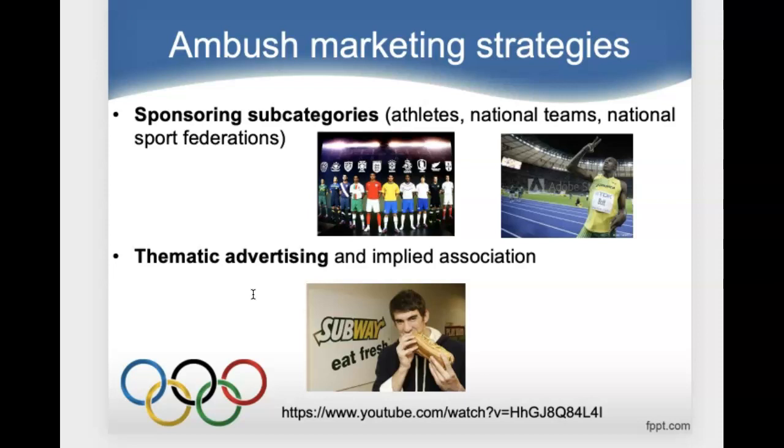How could Nike and Reebok associate themselves with the FIFA World Cup? They don't sponsor the event itself, but they sponsor particular teams, right? Nike sponsors at least 10 qualified teams every year, while others like Puma and Reebok sponsor one or two teams during the FIFA World Cup.